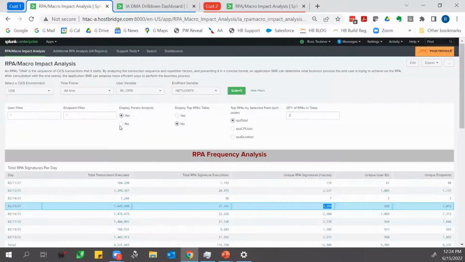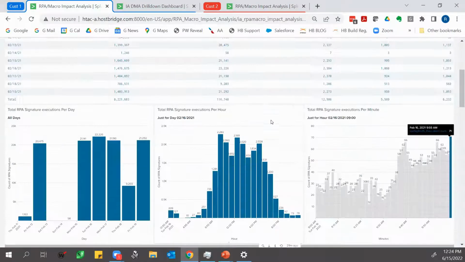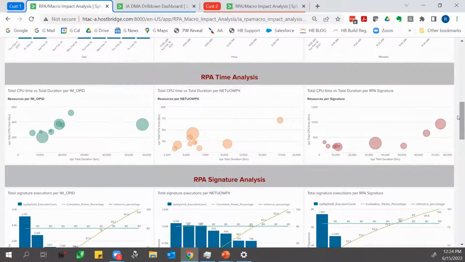And let me turn on the Paretos here and give you a bit of an explanation of that. So what we also do on this particular dashboard is we grade out all of this RPA or automation activity that is going against your mainframe. And we've tried to make these charts such that you can really hone in on your worst case offenders.